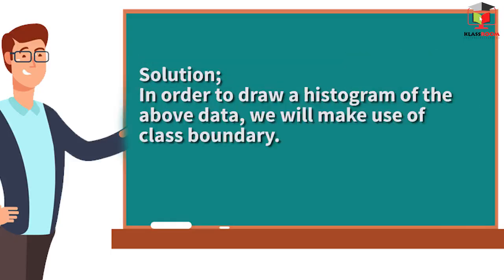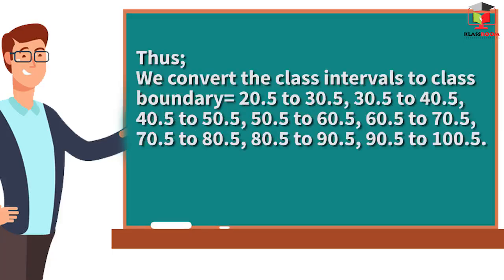Solution. In order to draw a histogram of the above data, we make use of class boundary. Thus, we convert the class interval to class boundary, and the result is we have 20.5 to 30.5, 30.5 to 40.5, 40.5 to 50.5, 50.5 to 60.5, 60.5 to 70.5, 70.5 to 80.5, 80.5 to 90.5, and 90.5 to 100.5.